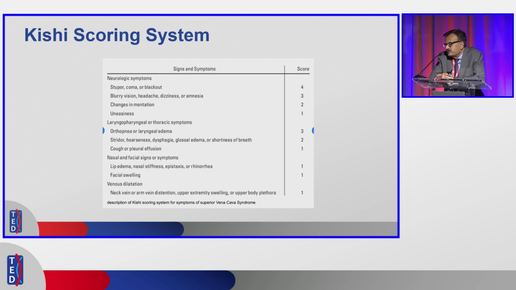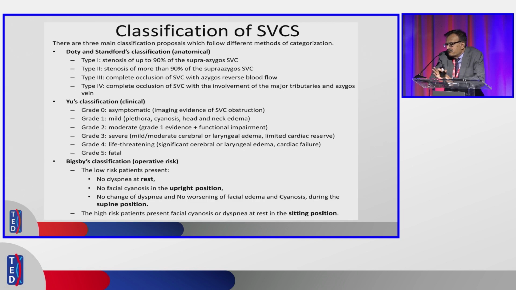Laryngopharyngeal symptoms involve orthopnea, laryngeal edema, stridor, hoarseness, and nasal and venous dilatation of the neck. Each one is given a score, and anything more than 3, in this classification a severe grade 3, would need treatment for the SVC syndrome or upper extremity related issues. There is also an operative risk.